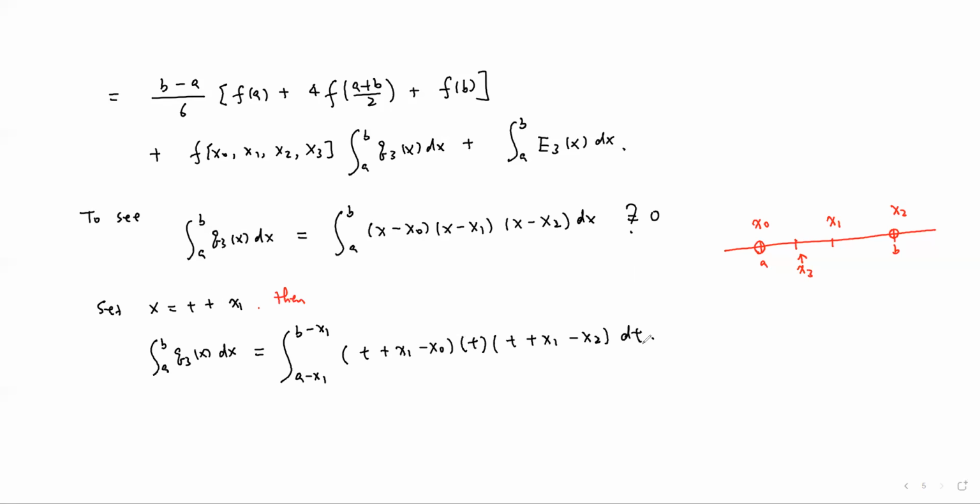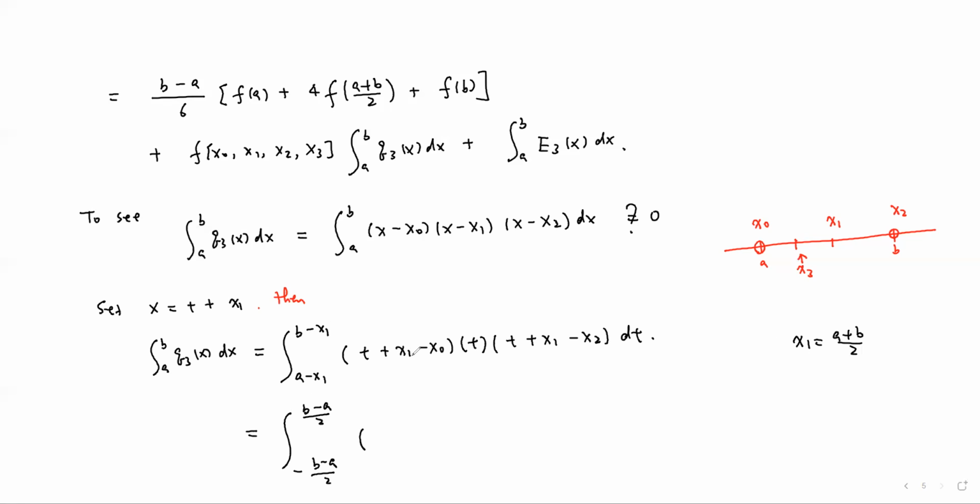Since x1 is the midpoint, (a plus b) over 2, a minus x1 is negative (b minus a) over 2, and b minus x1 is (b minus a) over 2.